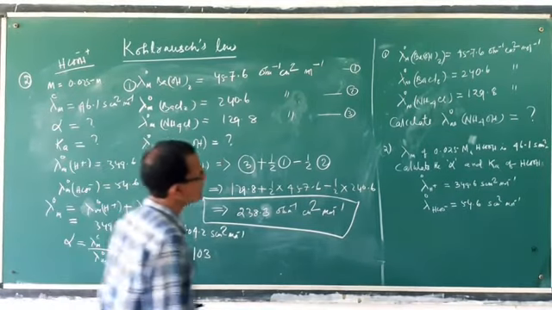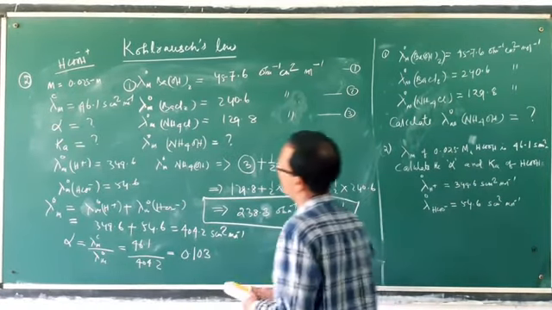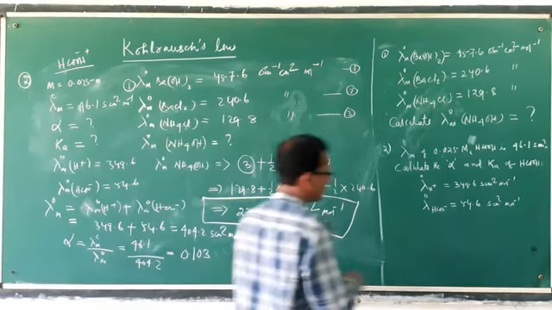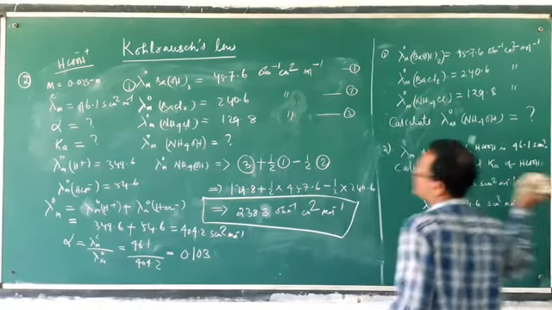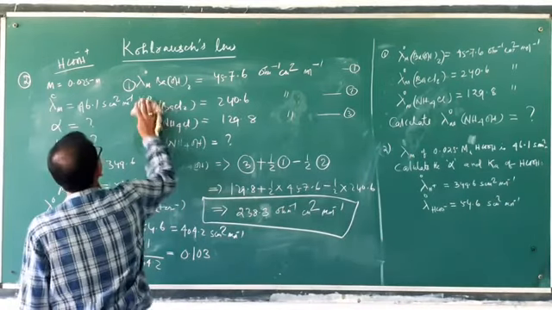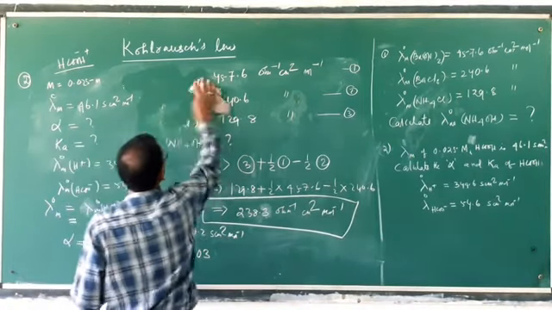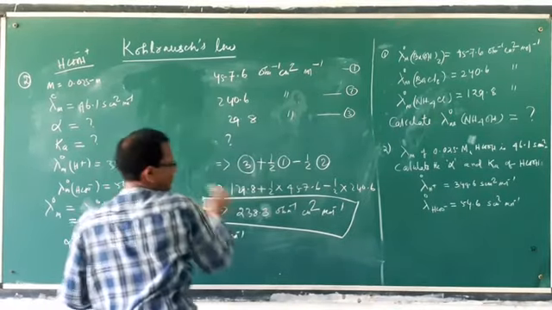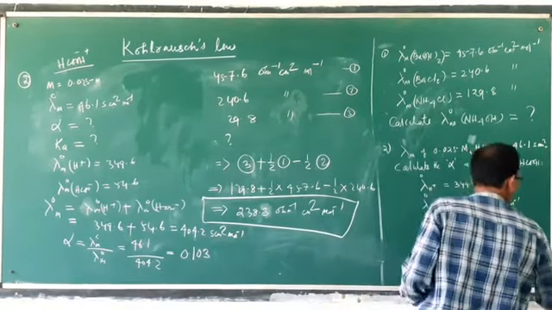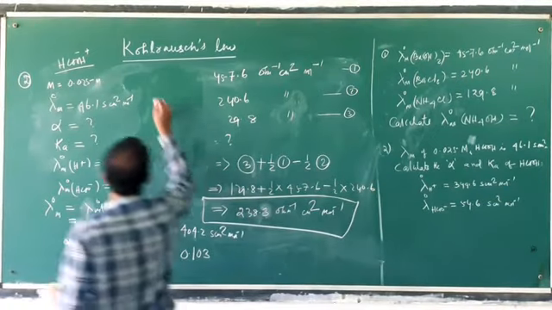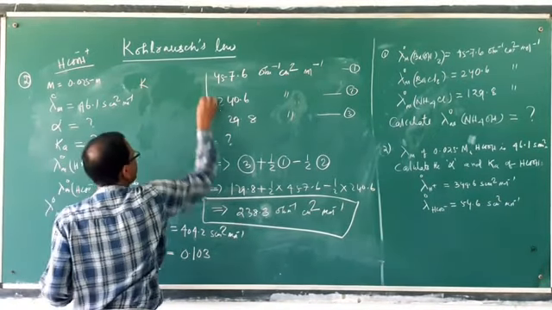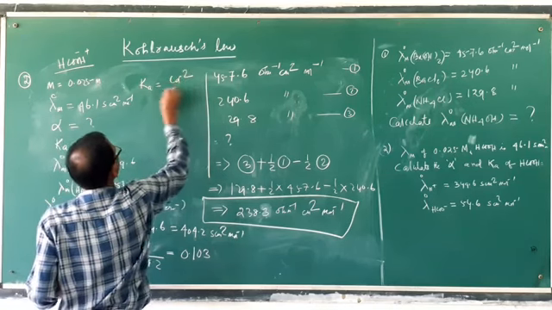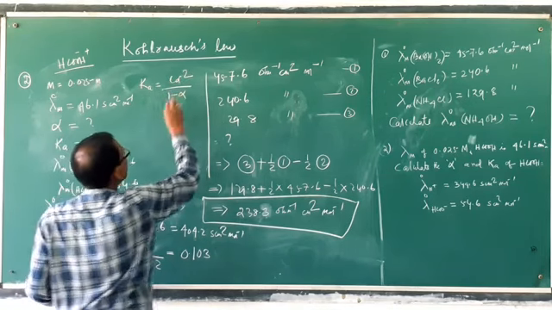Then the last question is to calculate K. K is called the dissociation constant. We have already read the formula: Ka is equal to C alpha square by 1 minus alpha.